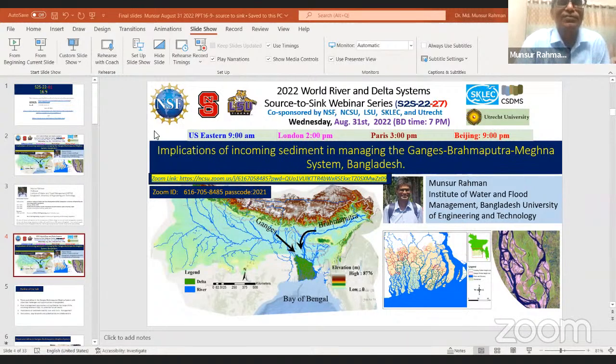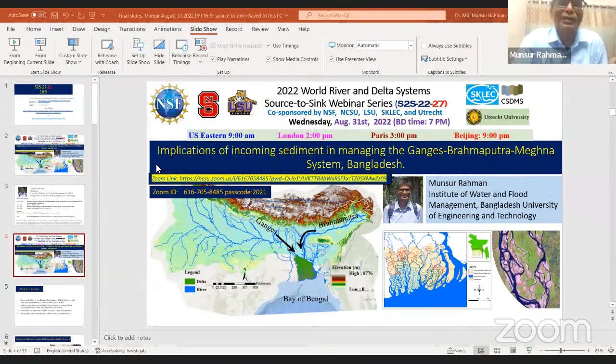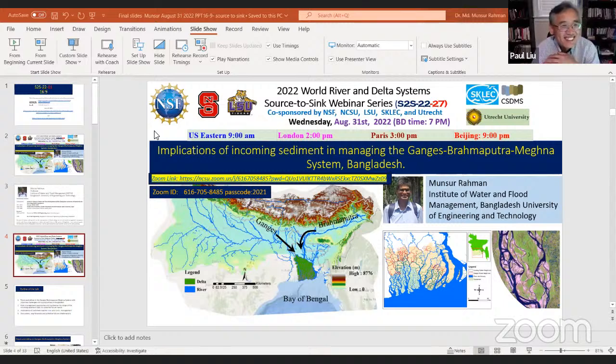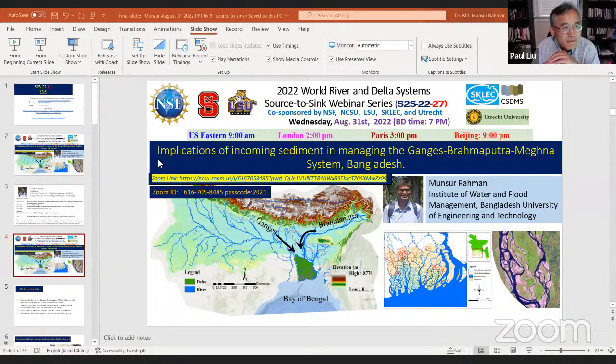The estimate of the sand mining is not available in our record, and most of the sand mining is not done in a legal way. So unfortunately we don't have it, but we can gauge that a significant amount of sand is being mined from the system for different construction works and other things.